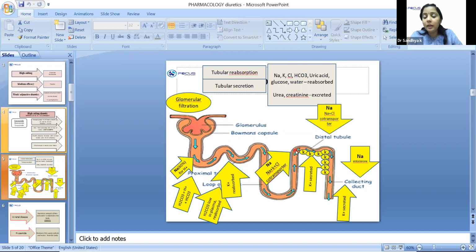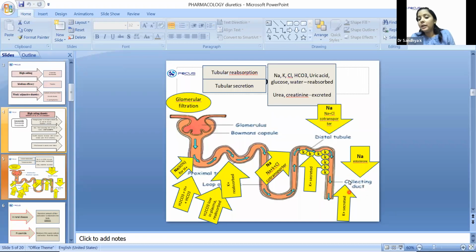But if by any abnormal condition there is excess sodium when the fluid reaches the distal tubule or collecting duct, the body will always try to maintain homeostasis. So it will reabsorb sodium back into the body, and in exchange the potassium at the lining cells will be secreted to the lumen and removed from the body.